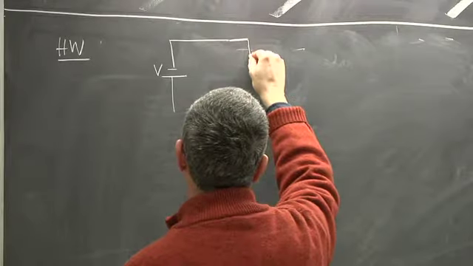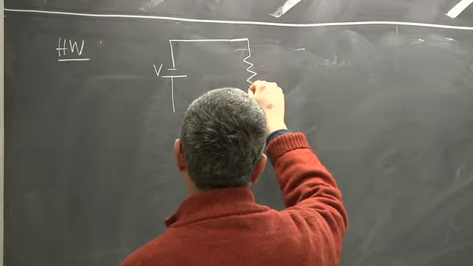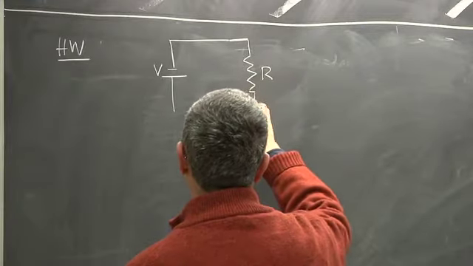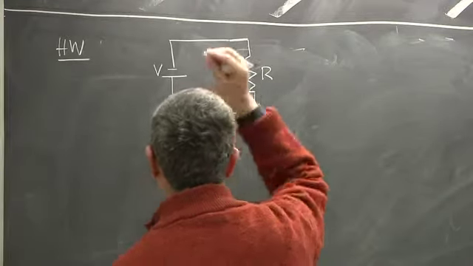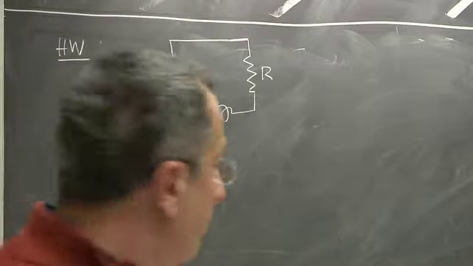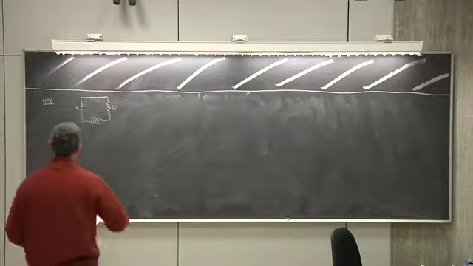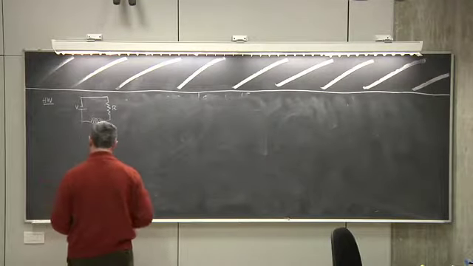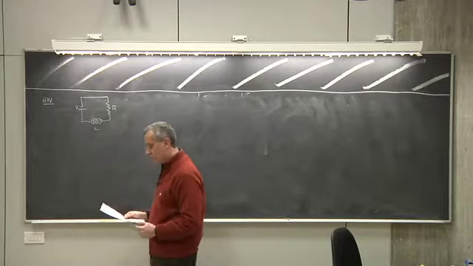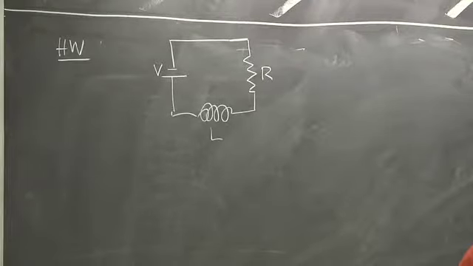And here you have the resistance, usually drawn like this, and the inductance is like a spring, by some well-established convention. So this is L. This is the simplest circuit. You can write the differential equation for this and solve it, and then we discuss the solutions, okay?